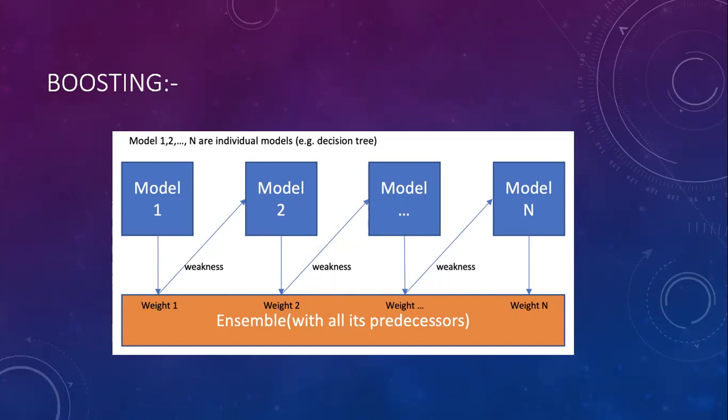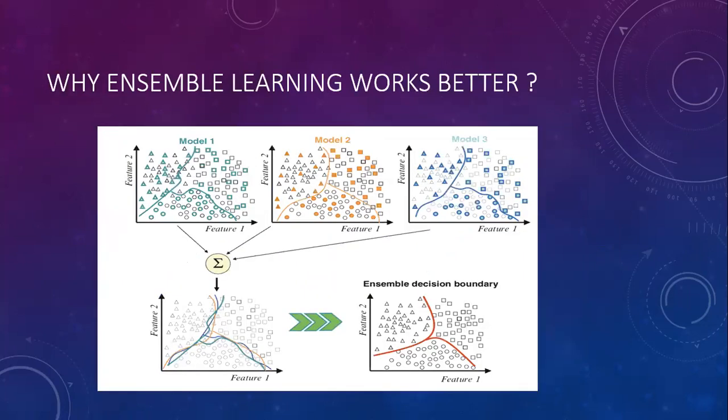AdaBoost, extreme gradient boost, and gradient boost are three types of boosting techniques. Then, why are we using ensemble learning and how does it work better? I have attached a picture here. Suppose this is a graph of one model, this is a graph of another model, and this is the graph of another model.